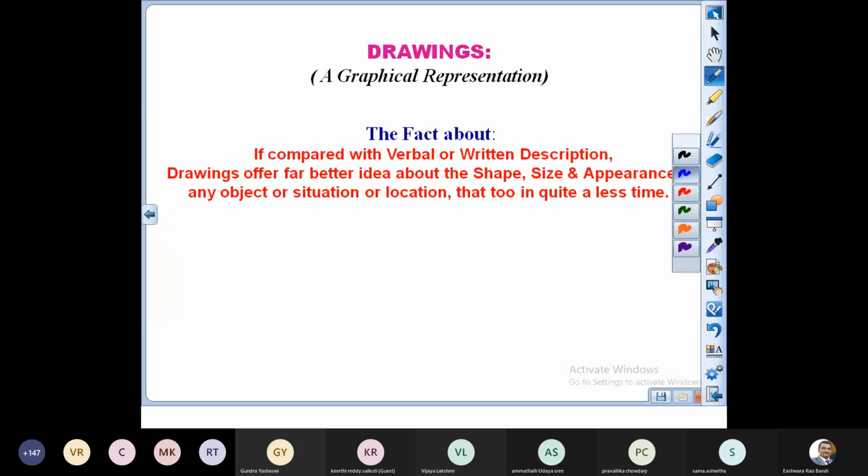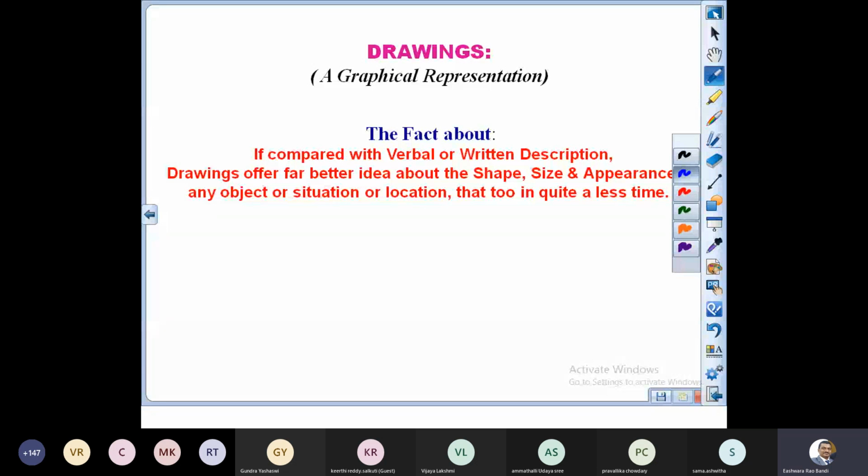It is saying that if compared with verbal and written description, drawings offer a far better idea about the shape, size, and appearance of any object at any location, and that too in quite less time.